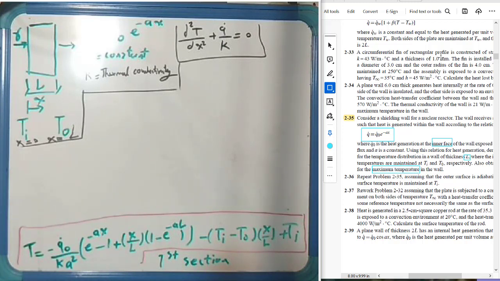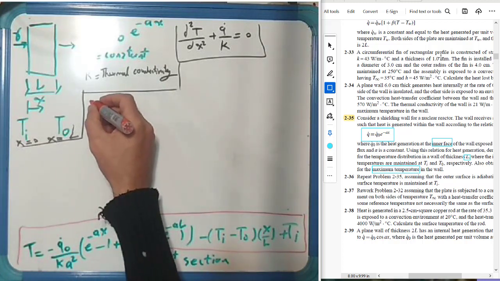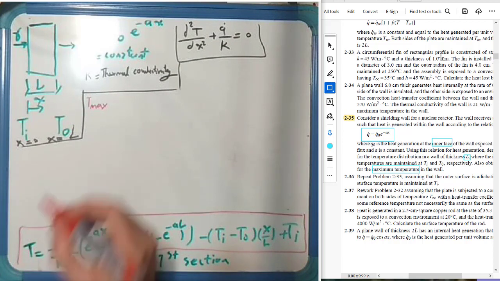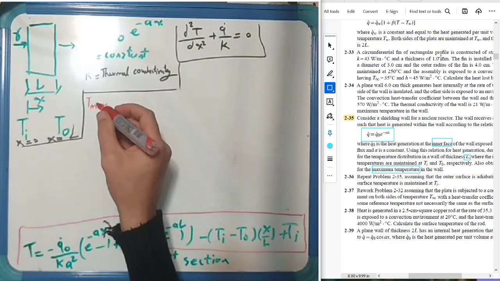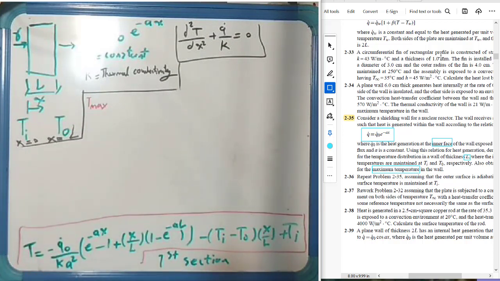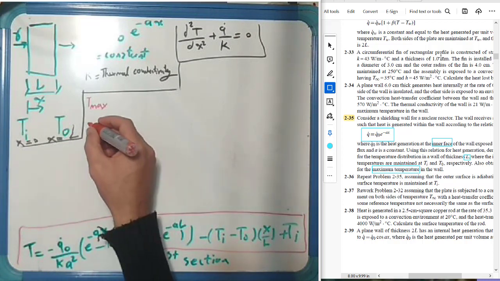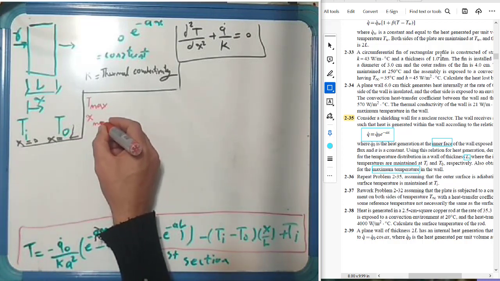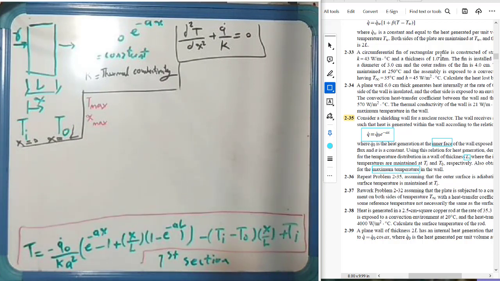Then I have to find the maximum temperature, T max. For finding the maximum temperature, I have to find the X of the max temperature.